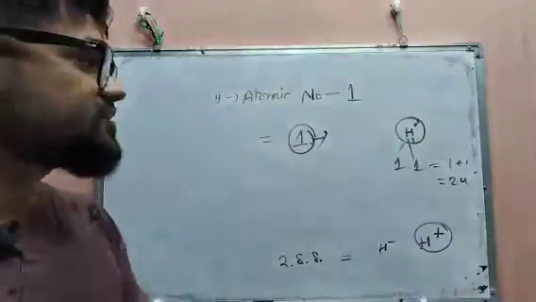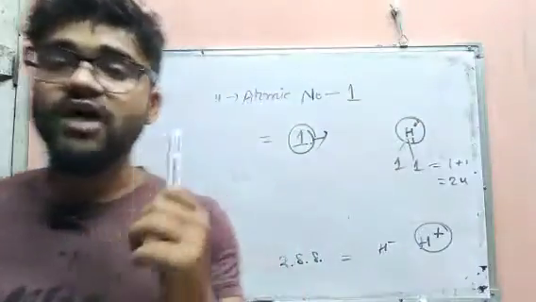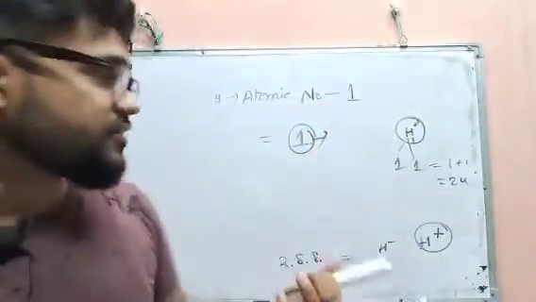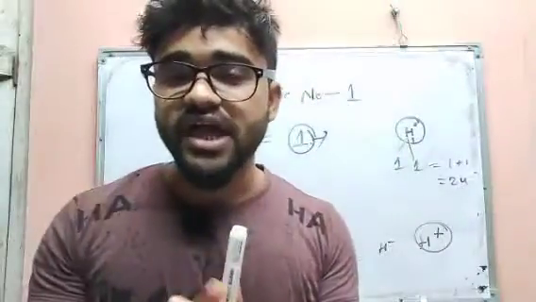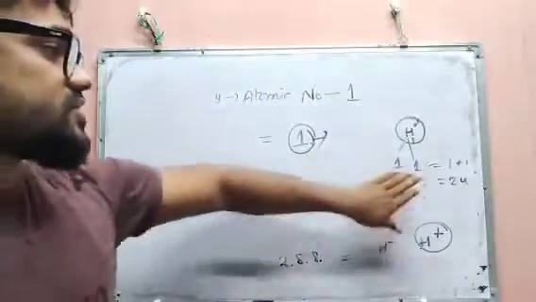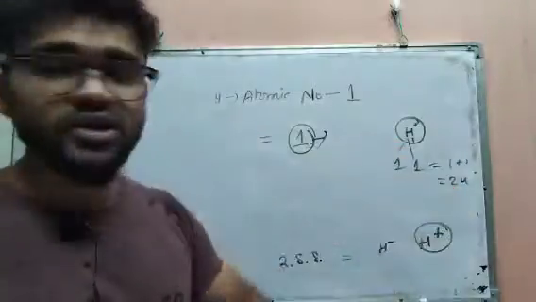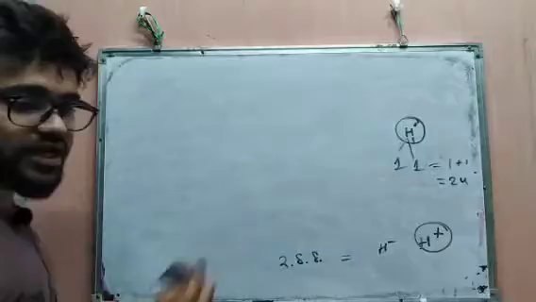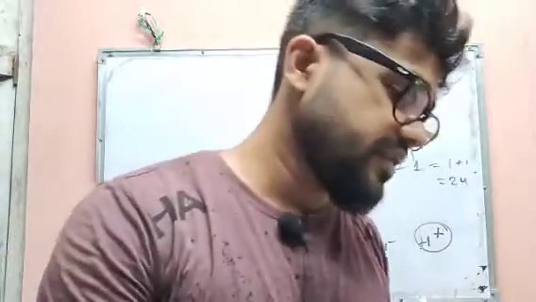So though hydrogen has one electron in its valence shell, it never accepts one more electron from another atom. It just donates, because the size of hydrogen is very small. So the hydrogen atomic mass we have got is 2 units.